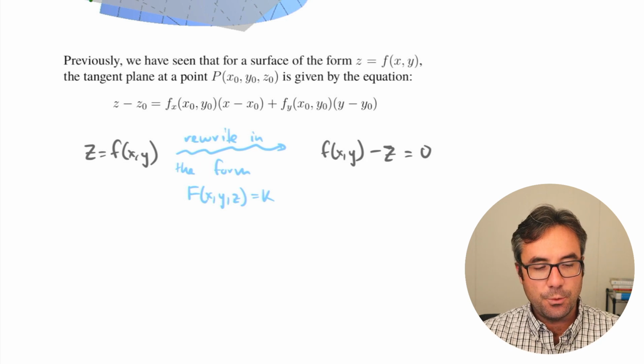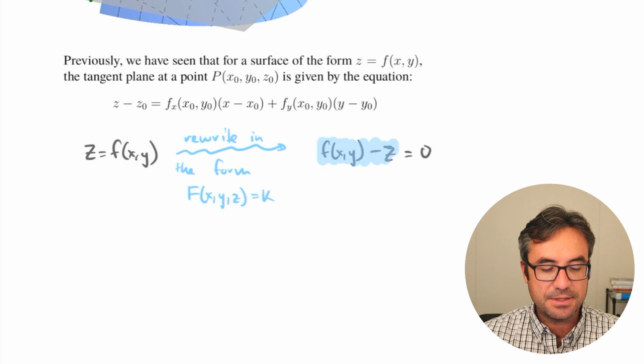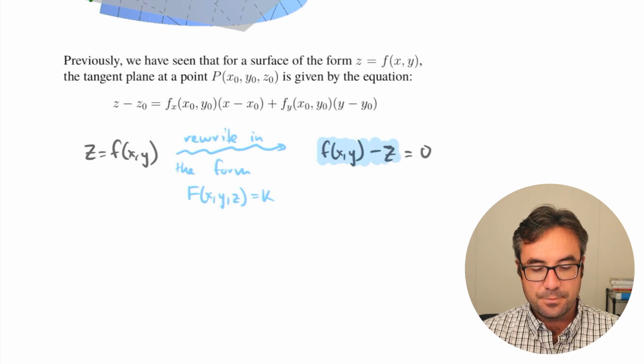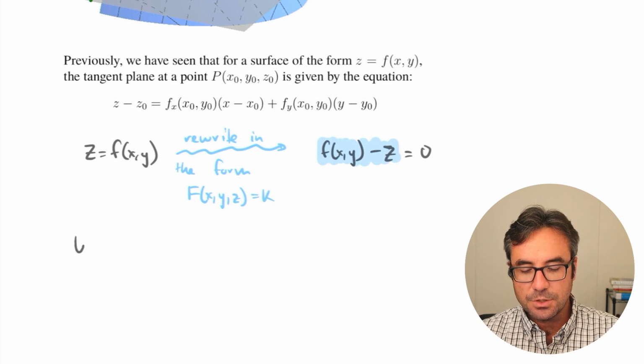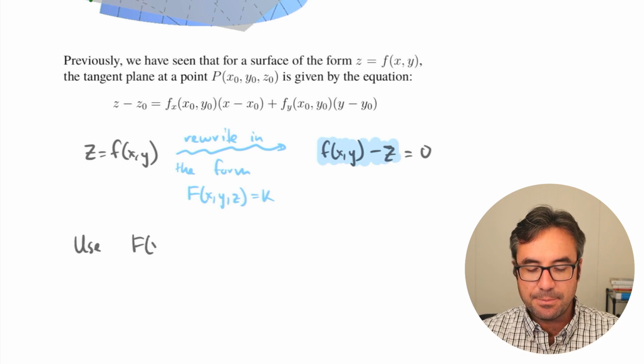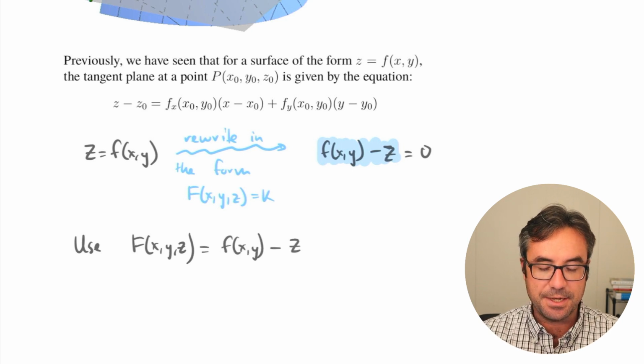And what we can do is view this left-hand side as our function capital F. So we're going to use capital F of x, y, z equal to little f of x, y minus z.